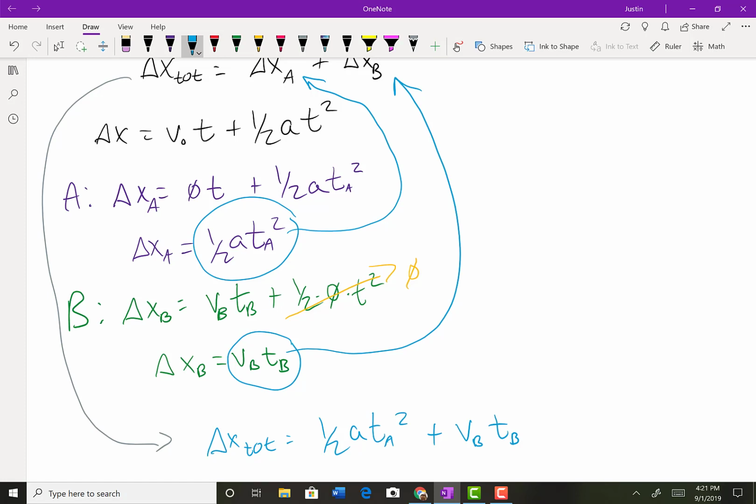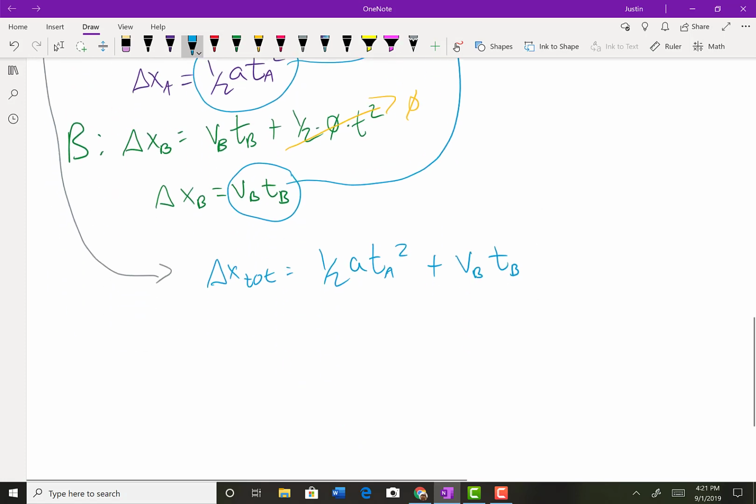Well, I know the total displacement, which I'll plug in a bit, is 100 meters. I don't know the acceleration, but that's something I'm looking for. I know TA, it's 3 seconds. So I know this, I want to know this, and I don't know VB.